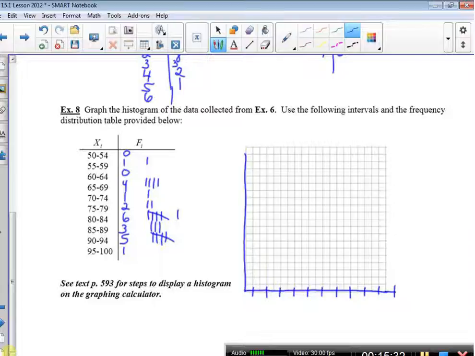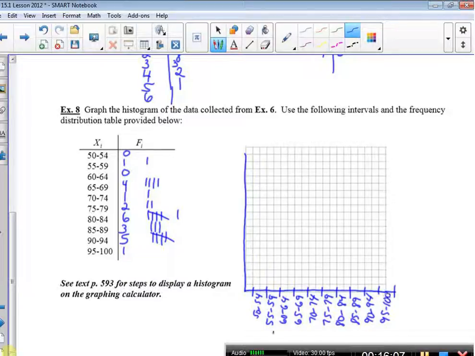So I'm going to do 50 to 54, 55 to 59, 60 to 64, 65 to 69, 70 to 74, 75 to 79, 80 to 84, 85 to 89, 90 to 94, and 95 to 100. So these are the intervals of grades from a marking period.